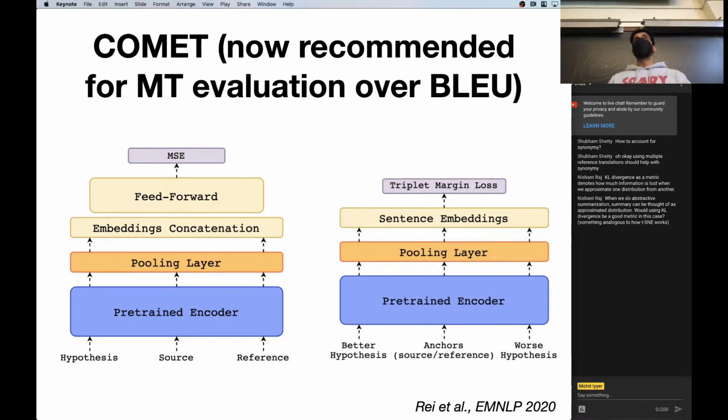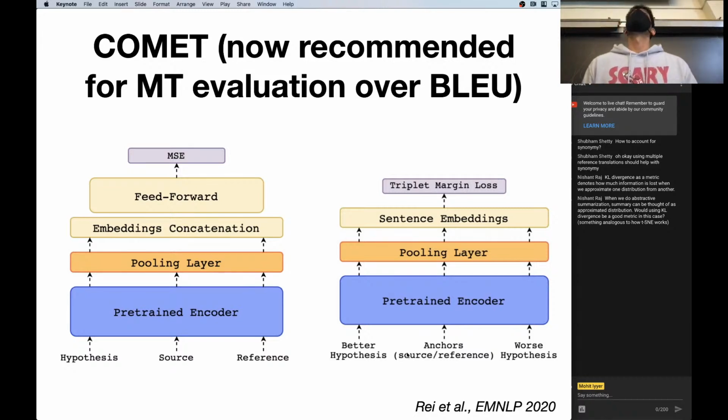But I think the results in their paper are primarily with the second model. It really depends on the language pair, right? For some language pairs, you might not have these two hypotheses ranked, and so you probably can't fine-tune this kind of model. So you can use this other one.